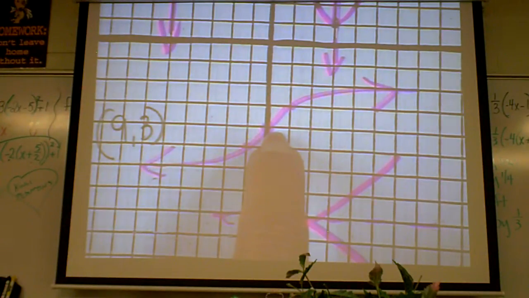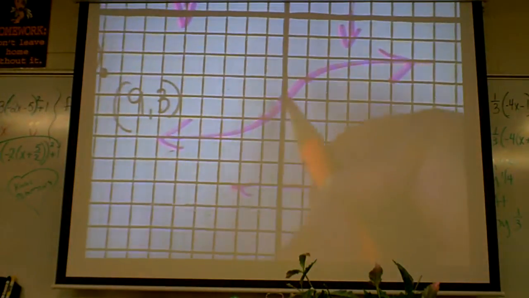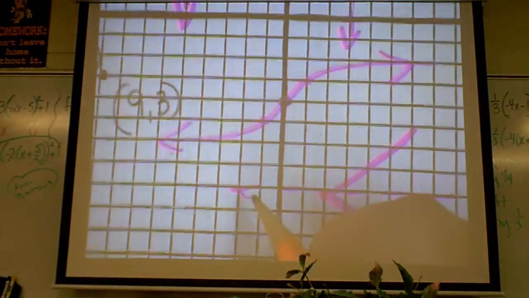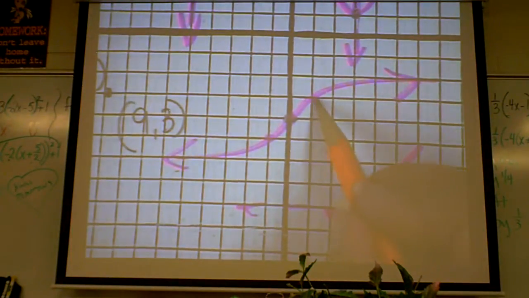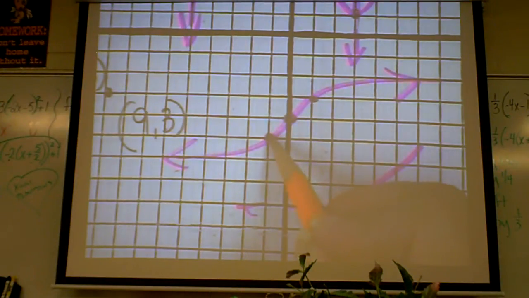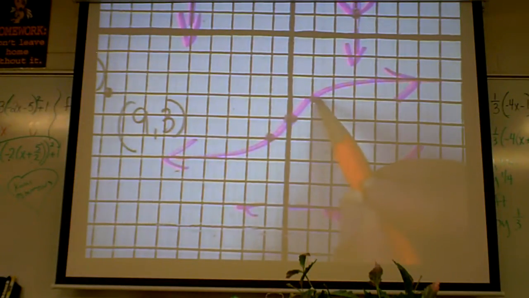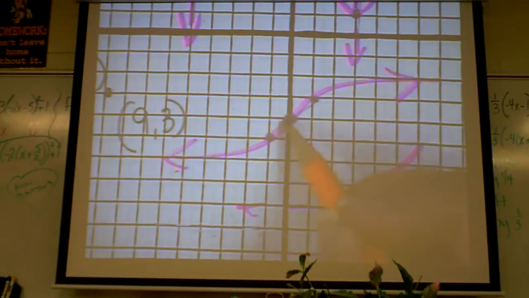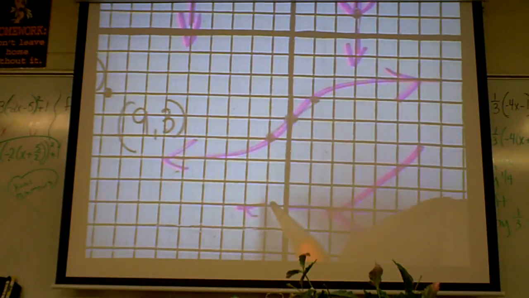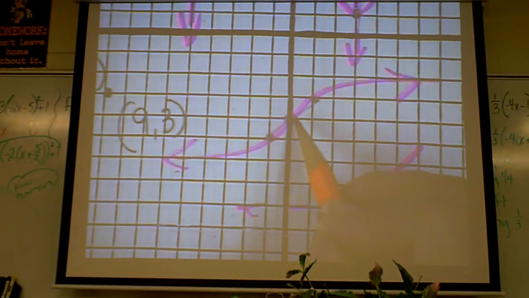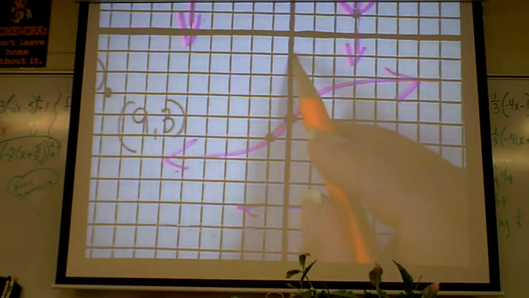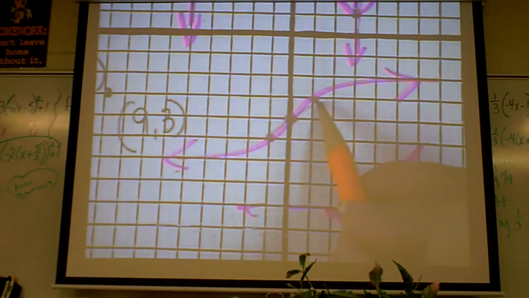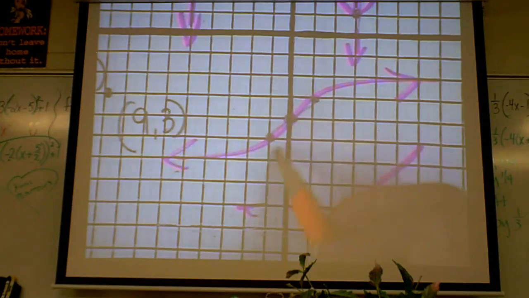No. But it does have symmetry to this point. See this point right here? If you drew a line through it right here, you would see these two are the same. This graph has symmetry to the point 0, -4. But you can't do that test because I'm testing for origin symmetry.